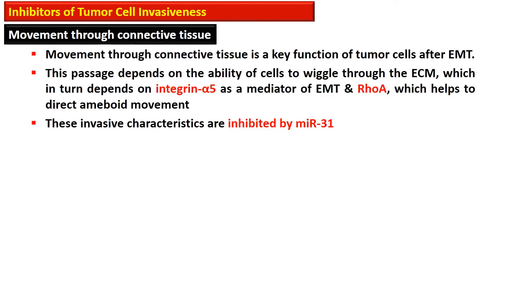Now the movement through the connective tissue is an important part of the metastasis and invasion. This activity depends on integrin alpha 5 and Rho-A, and these are blocked by microRNA 31.